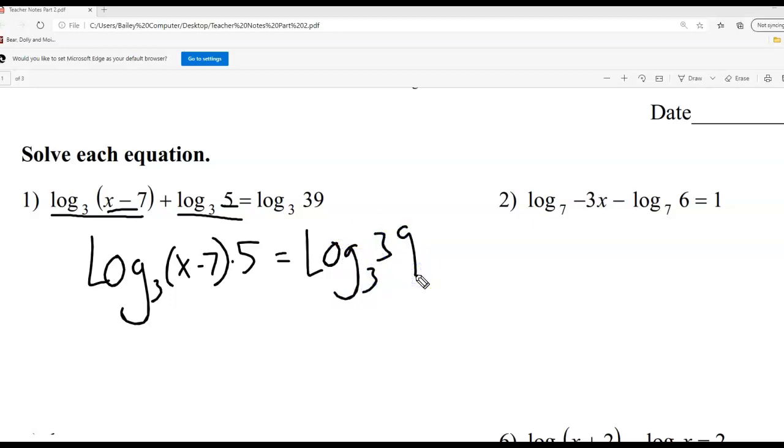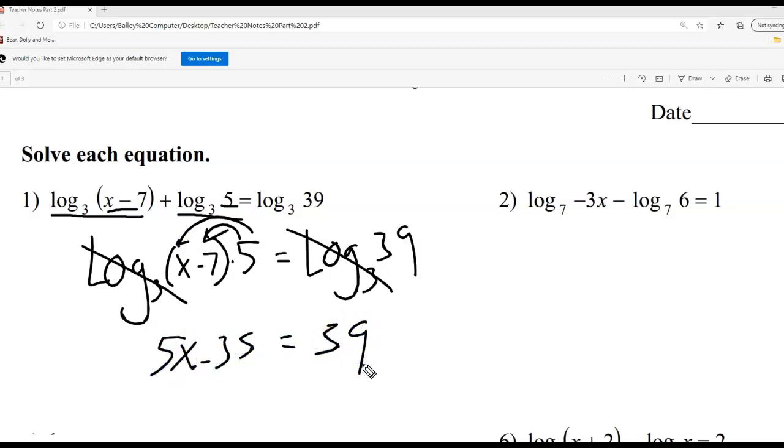Now I have 1 log on both sides, and from here on out, the problem is pretty much like the last one. Drop the log off both sides. We're going to distribute this in, and we get 5x minus 35 equals 39, and the rest is algebra.